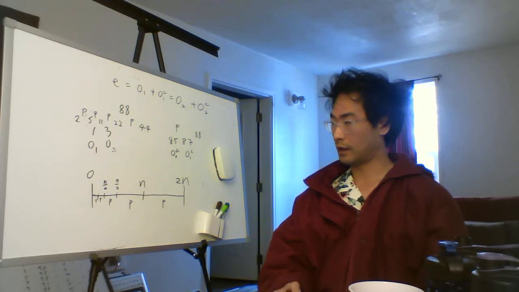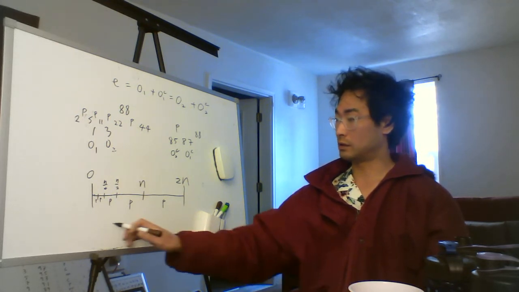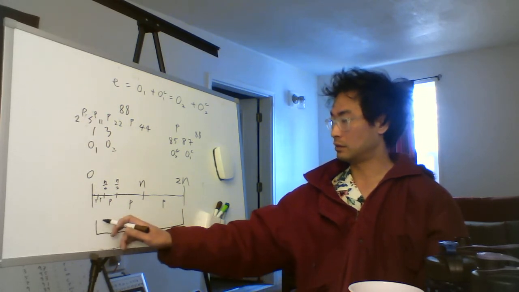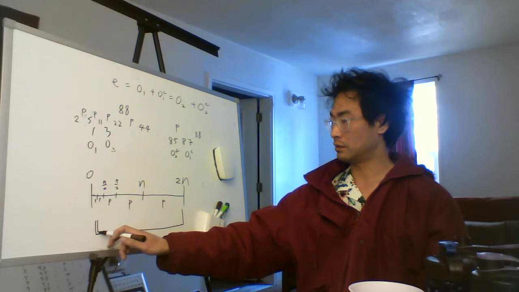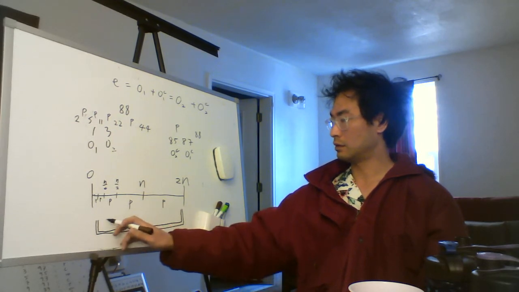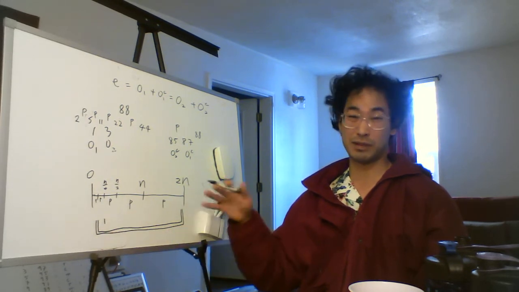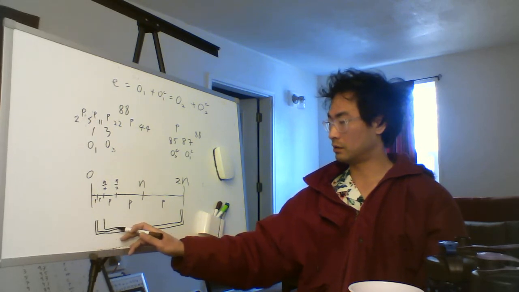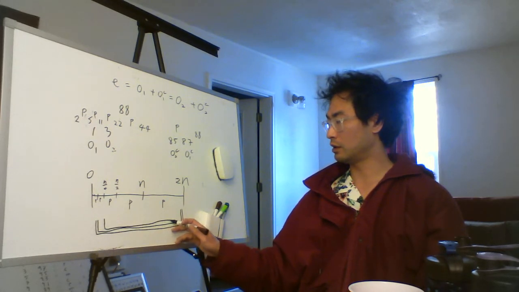It will look like this. And then prime numbers get rarer and rarer because prime gaps tend to increase, right? It's always symmetric.